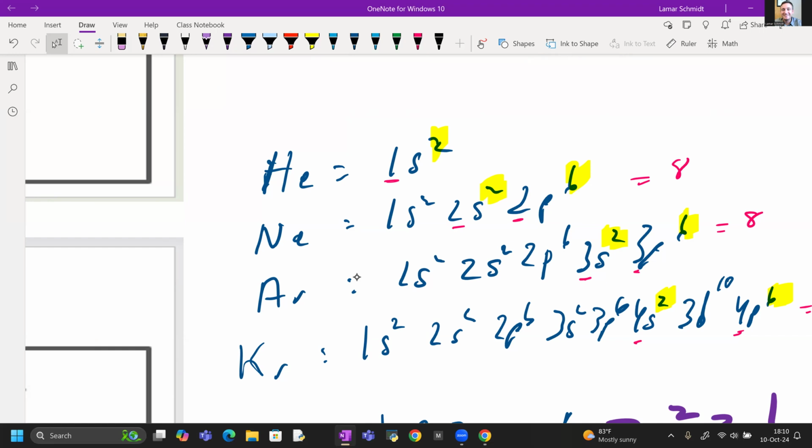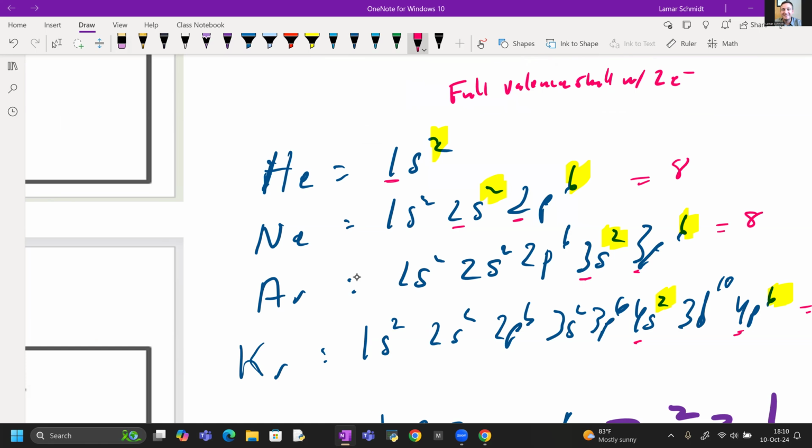So helium has a full valence shell with 2 electrons. All right, so because it has 2 electrons in its valence shell, and it can only hold 2, it's a full valence shell.